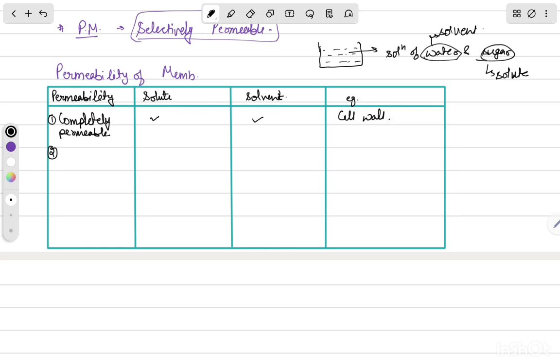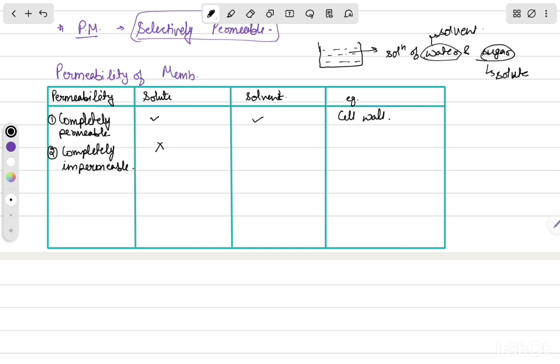Second is impermeable membrane. Completely impermeable membrane, we'll write completely impermeable membrane.